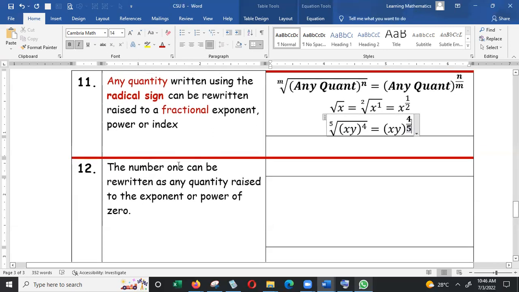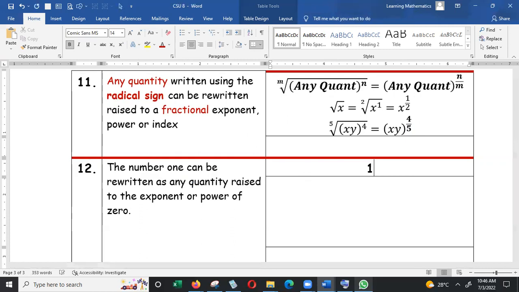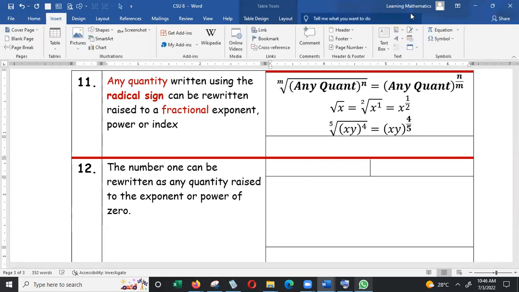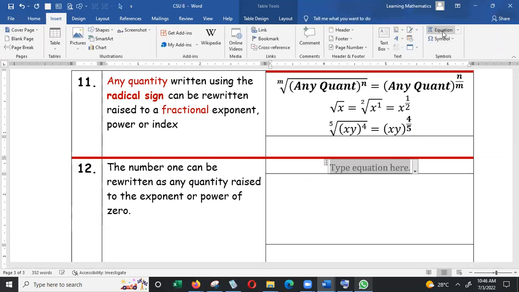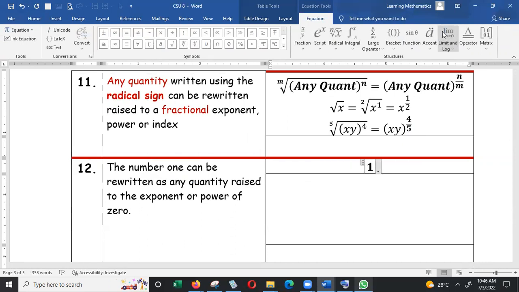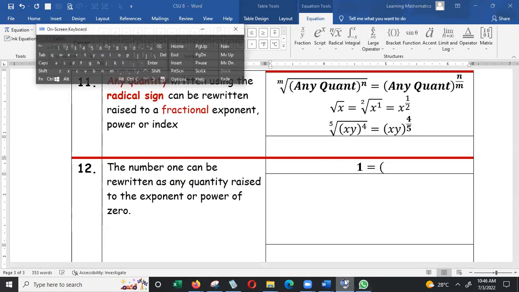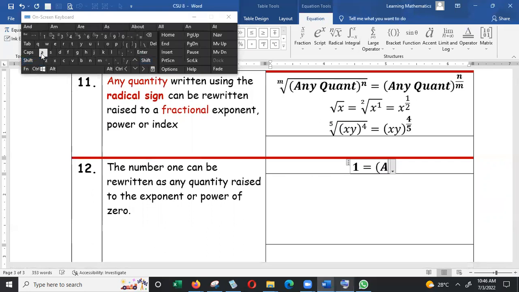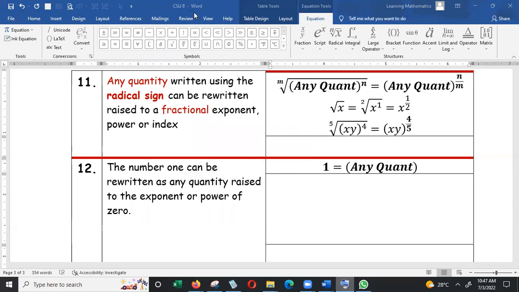Again, the number 1 can be rewritten as any quantity raised to the power of 0. So if you have the number 1, that is the same as any quantity raised to the power of 0.